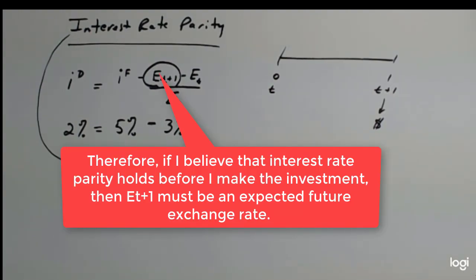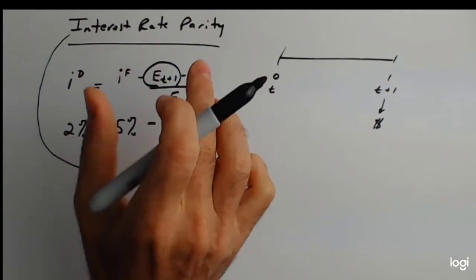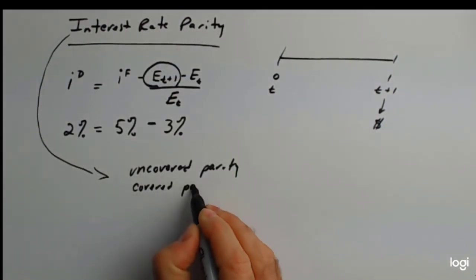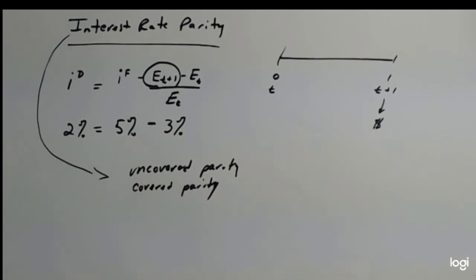Now there's another version of interest rate parity, and that's covered. And the way you cover this is using forward rates like we looked at earlier. So you can enter into a forward rate contract here.